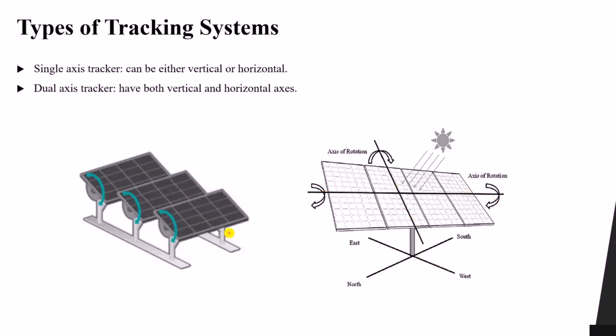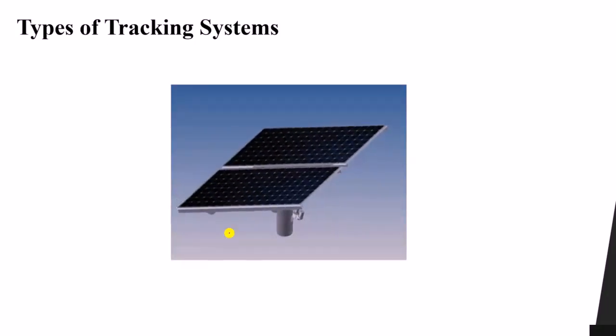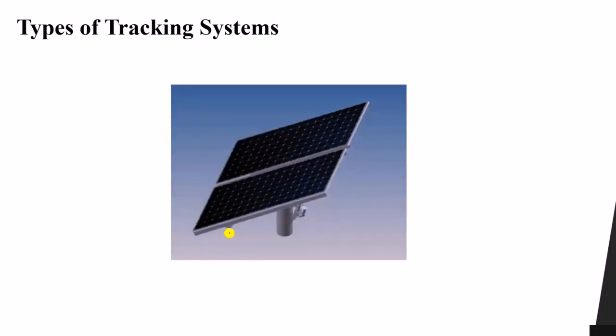Usually you will have to understand that in a small PV system, such as in our home, we don't use any type of trackers. We use the fixed oriented or fixed PV panels, which do not move. So if you look here, you can see this PV panel is moving.